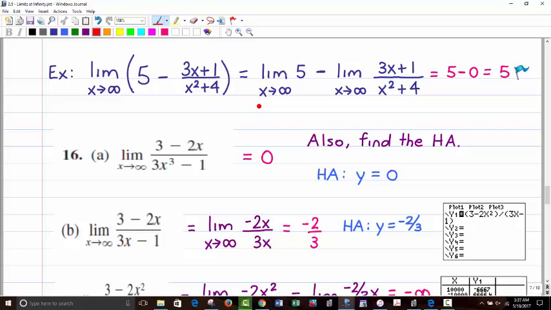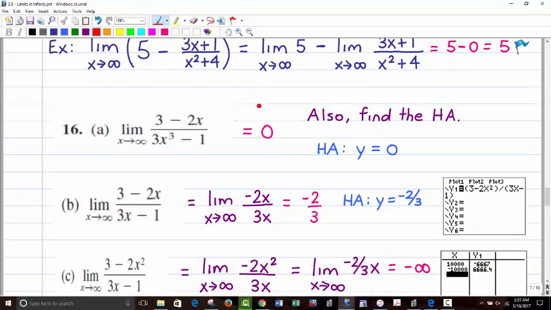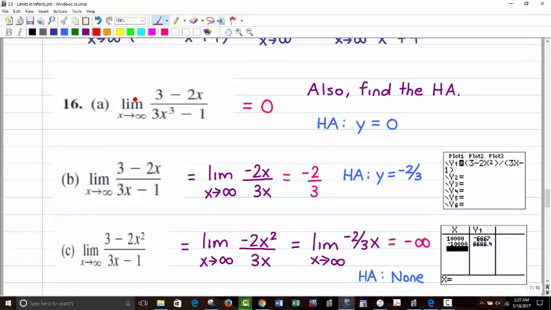Okay, let's take a look at this next example. They're out of order here. The negative is very important right here. It's very important that we realize that the minus goes with that 2x, because that matters when infinity comes into play.